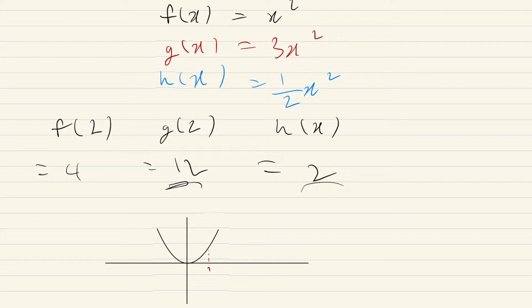So over here will be 2, and over here is 4. So for g of x, it will be higher, right? It will look higher. So let's just put this. It will be higher. So this will be 12.